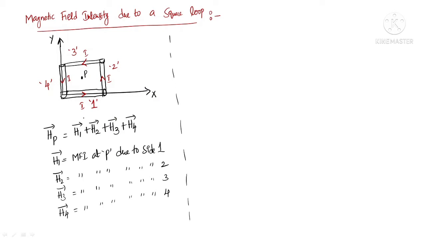Now if you observe this square current carrying conductor, each and every side looks like a finite and straight conductor. Let me write clearly: each side looks like a straight and finite conductor.